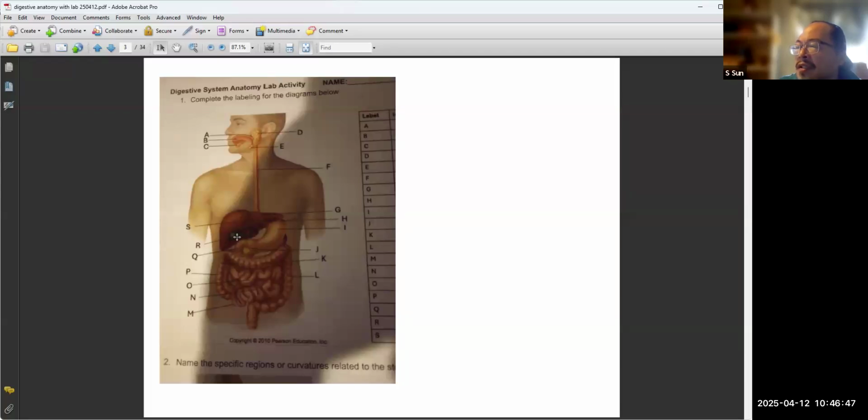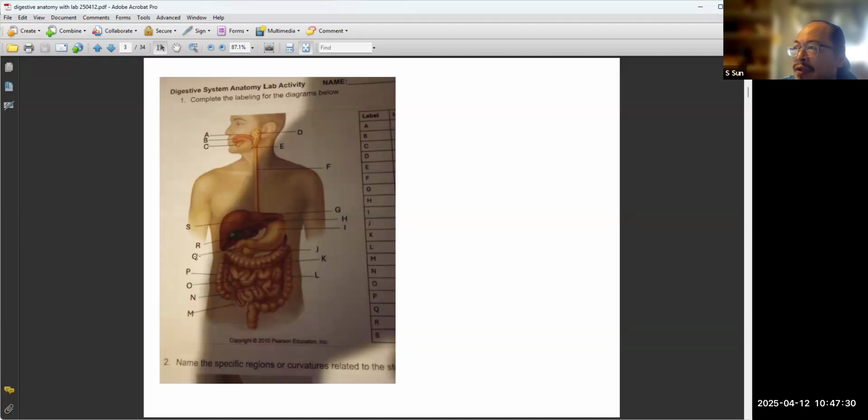Now, R is the gallbladder. So that's R. And I is stomach. So that's easy. Q is the beginning of the small intestine. Now, the small intestine has this one, and coming down here, you have this one. Coming down here, you have this one. So the small intestine includes three portions or three segments.